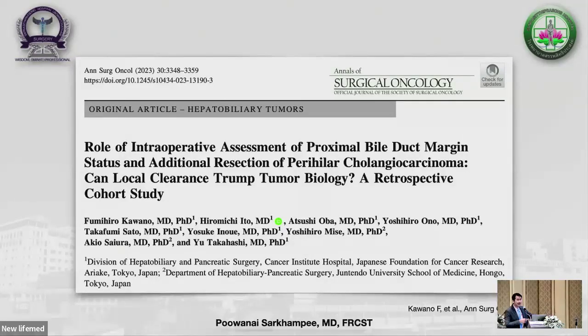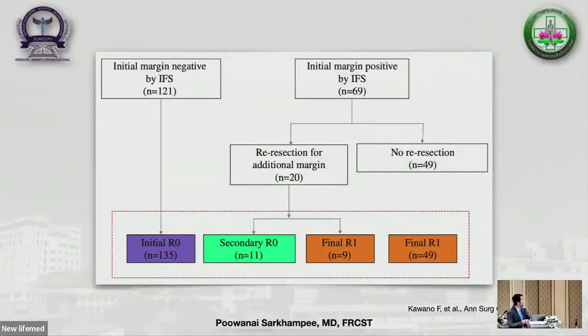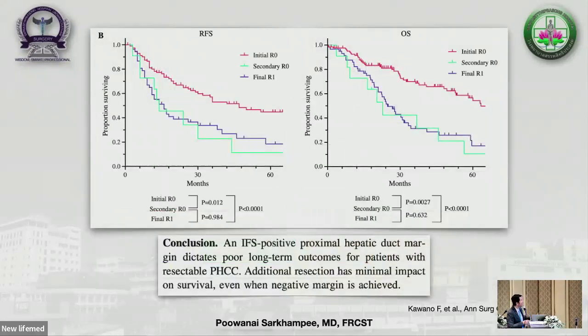This paper is from Japan. They conducted research on R0 resection and, after additional resection, secondary R0 and final R1. They found that there's no difference between secondary R0 and R1, and a difference in survival outcome compared to initial R0.